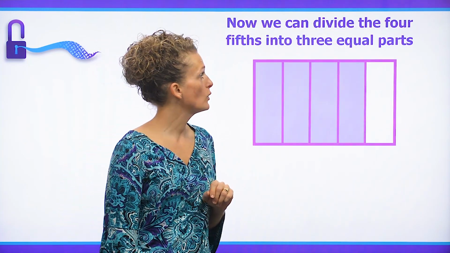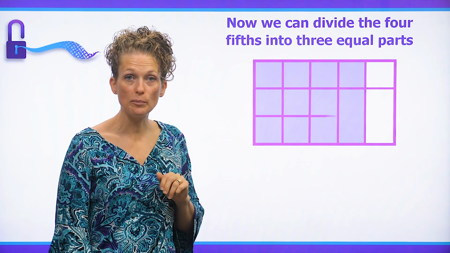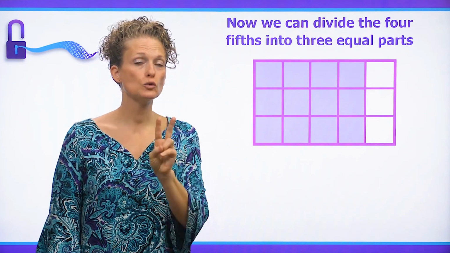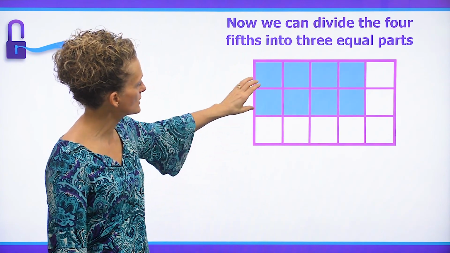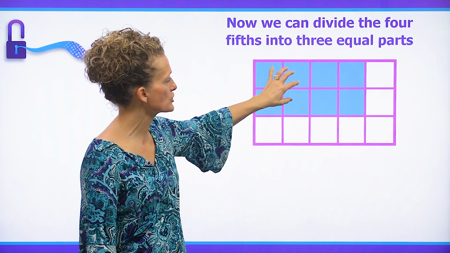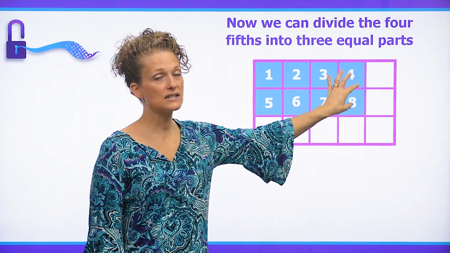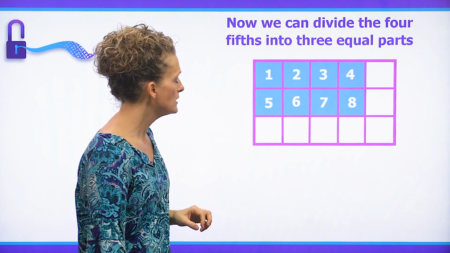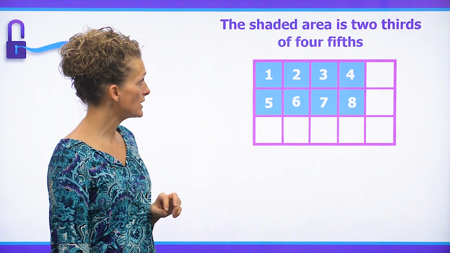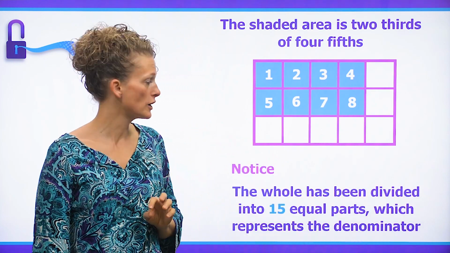Now remember, we want to divide 4/5 into 3 equal parts because we want 2/3 of 4/5. All right, so then that 2/3 is this portion right here. And we can see that we have 8 pieces of our fraction is now shaded. So the shaded area represents the 2/3 of the 4/5.